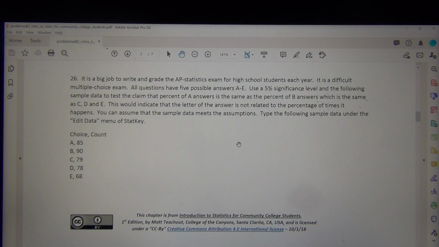There's not significant evidence to reject the claim that the percentage of A answers is the same as B, C, D, and E. Again, the high p-value is kind of indicating not related. Usually low p-values indicate more of a relationship, high p-values indicate not related. This could just be sampling variability.